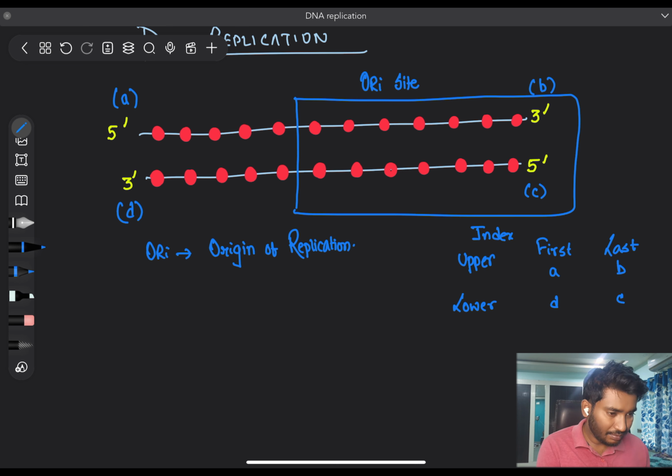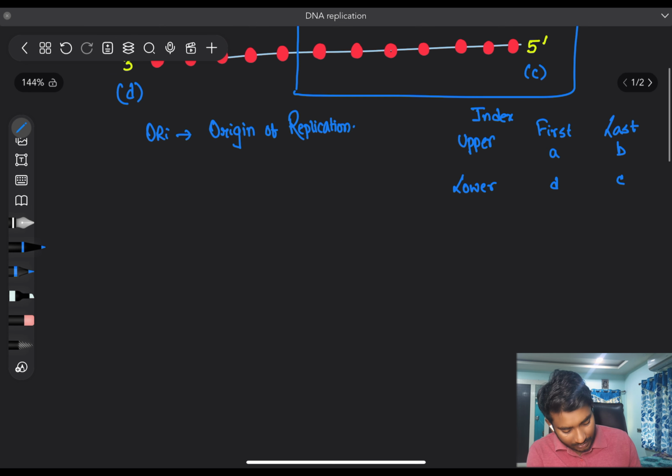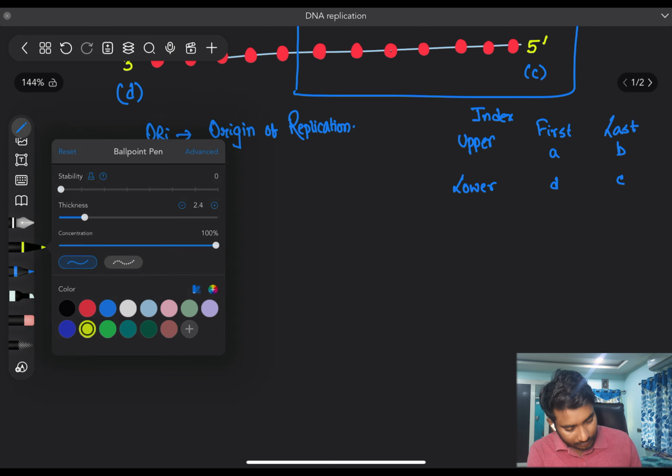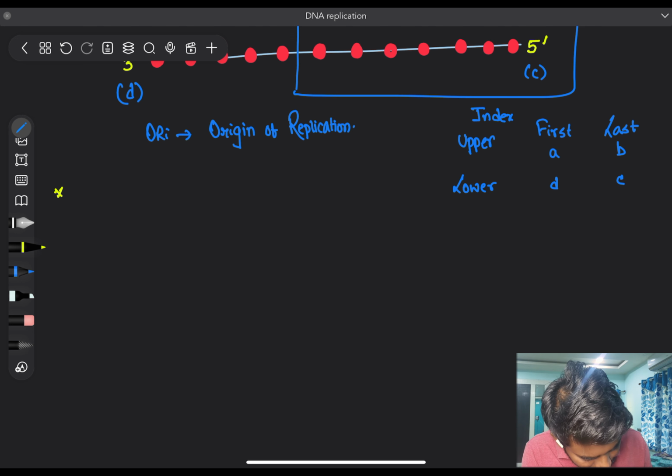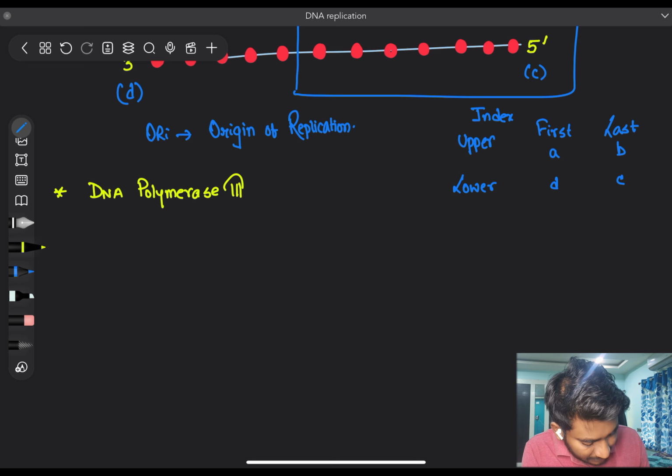Origin of replication. Now the main enzyme that is required for DNA replication is DNA polymerase 3. DNA polymerase 3 is the main enzyme.